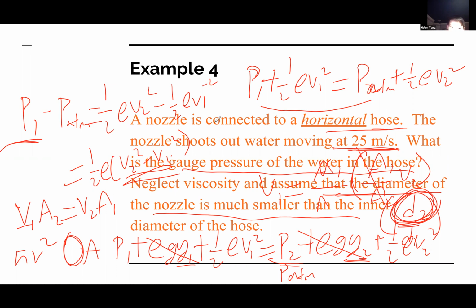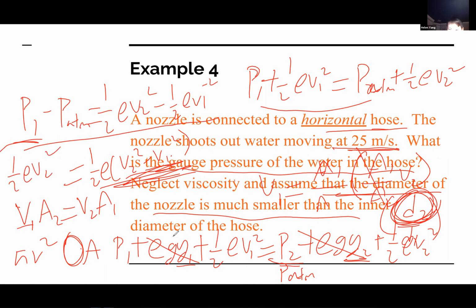So in the equation again, if V1 is extremely a lot smaller than V2, you can just neglect it and just say it's 1/2 rho times V2 squared.